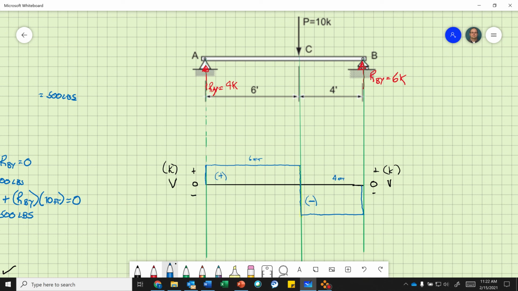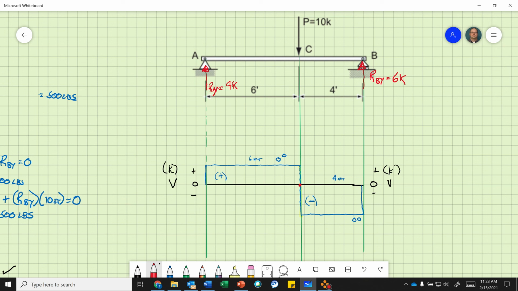So this, see, this is a point load. So this is a 0-degree curve, and this is a 0-degree curve. Okay. So now if I look, I have points of 0 shear right there. Okay. So that is my shear diagram.